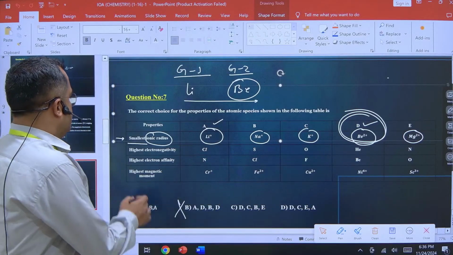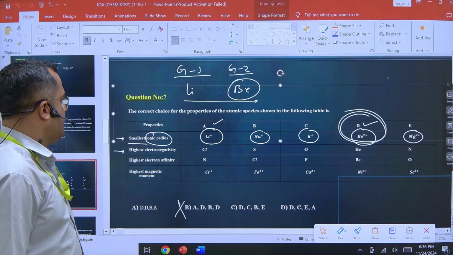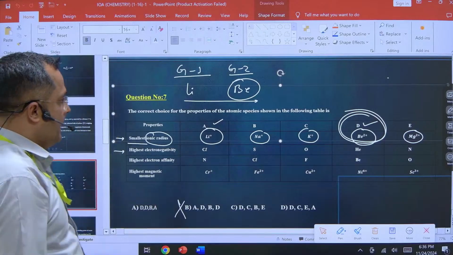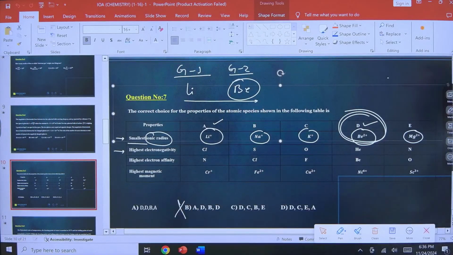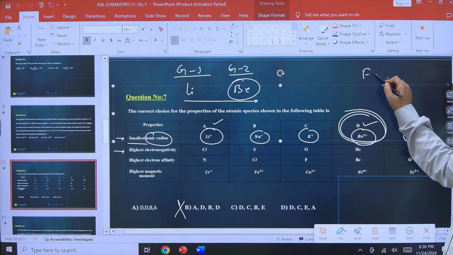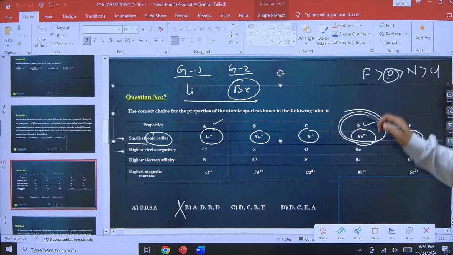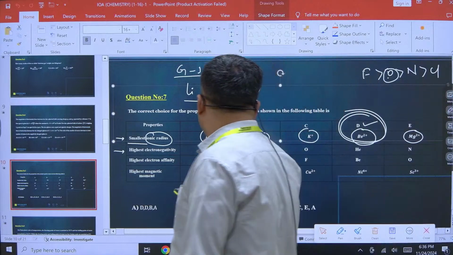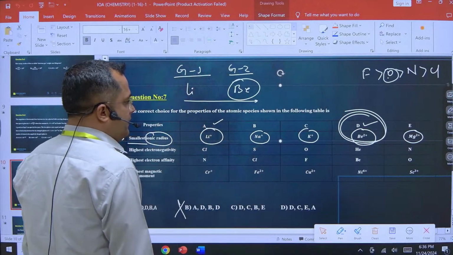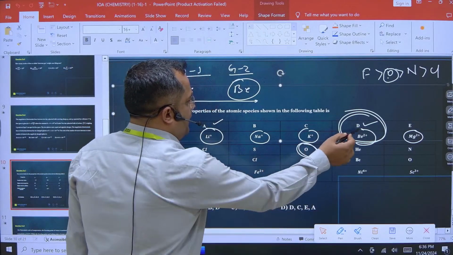Second property, they have asked highest electronegativity. We all know it is very simple. We all know from our childhood, FONCl. Fluorine is not there, and after fluorine we have oxygen. So between chlorine, sulfur and oxygen, oxygen is the highest electronegative element.